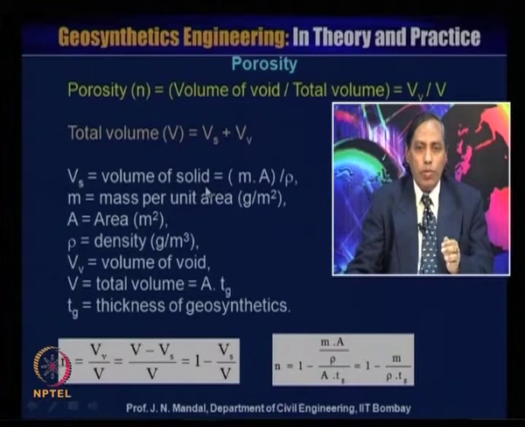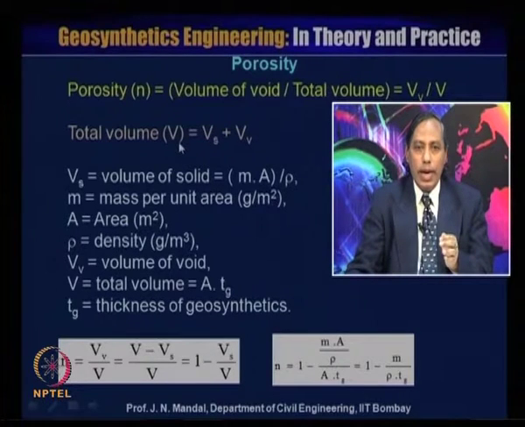Vs is the volume of the solid, and that is m into A by rho. m is mass per unit area, that is gram per meter square, and A is area in meter square, and rho is the density, gram per meter cube, and Vv is the volume of void, and V is the total volume, that is A into Tg.